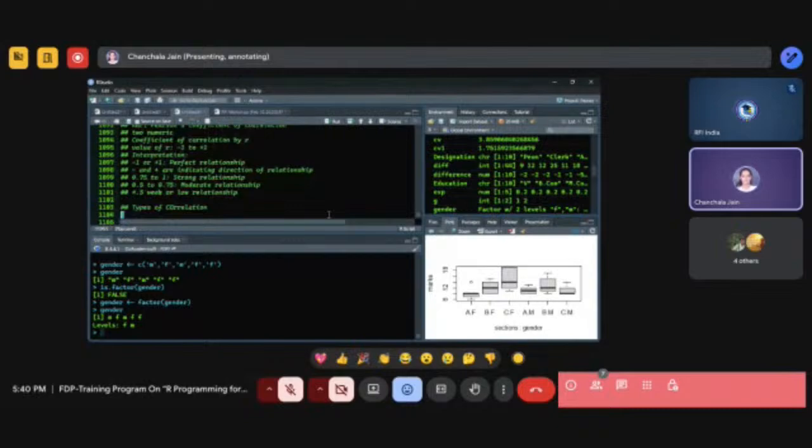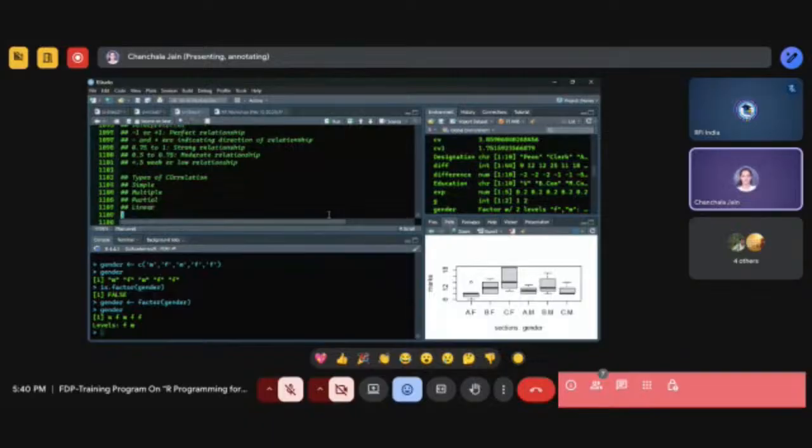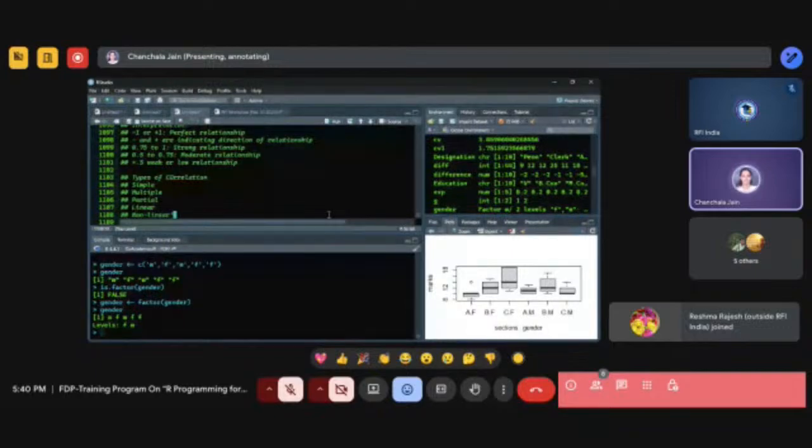So usually in statistics, there are varieties of correlations available. For example, simple, multiple, partial, then linear, non-linear, positive, and negative.